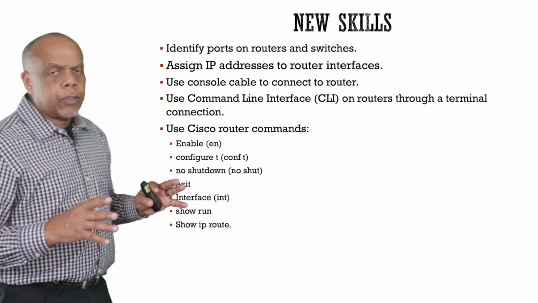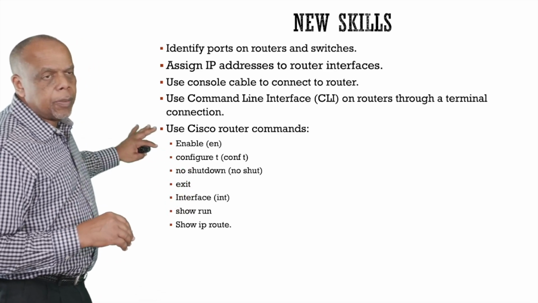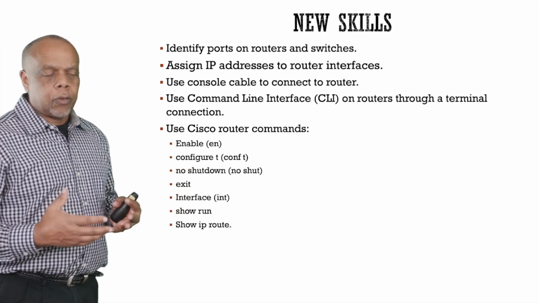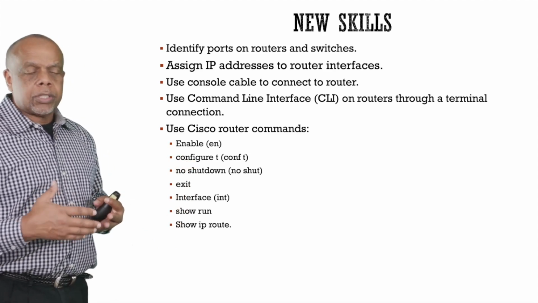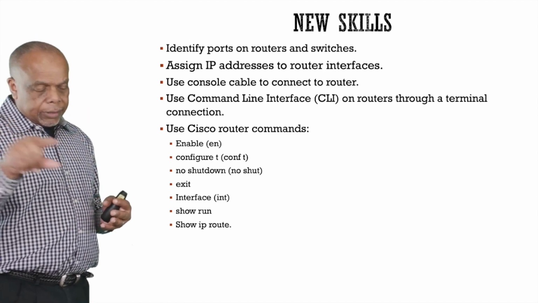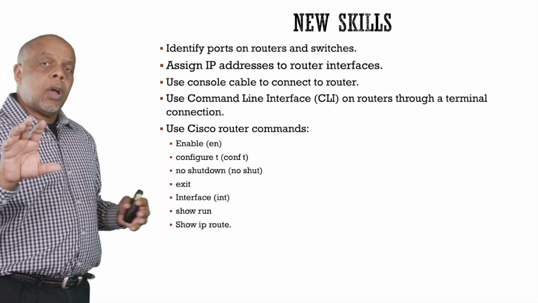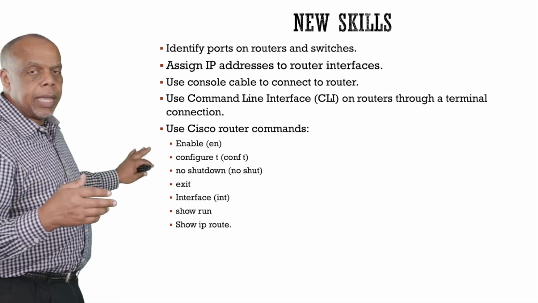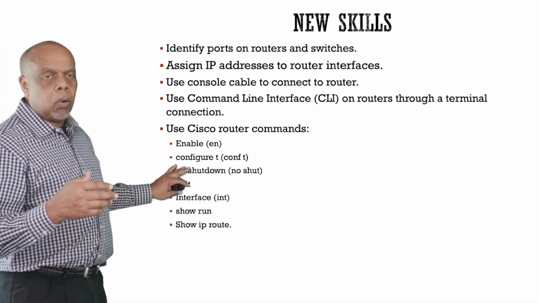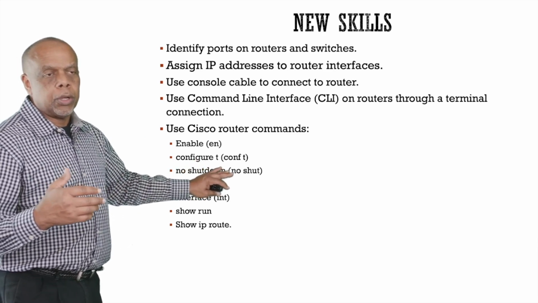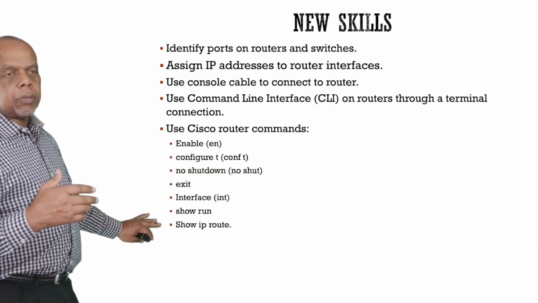Well, you're going to learn quite a few Packet Tracer commands. These are some of the basic ones, and the shortcuts like enable. Like I say, when you first go into Packet Tracer, you're going to see a less than arrow, which is the cursor. Well, to get into the global configuration mode, you have to go into enable. Then to configure a port or to configure an interface, you have to go into the configure terminal mode. So there's many modes and many commands.